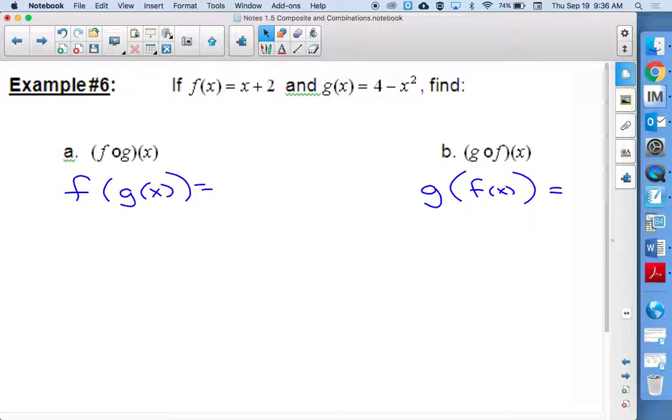So combination of operations. Composite or composition is more of substitution, taking the inside function, substituting it into the other function.